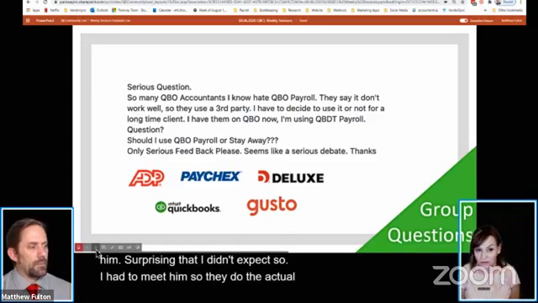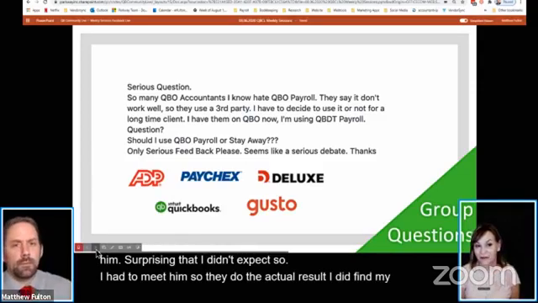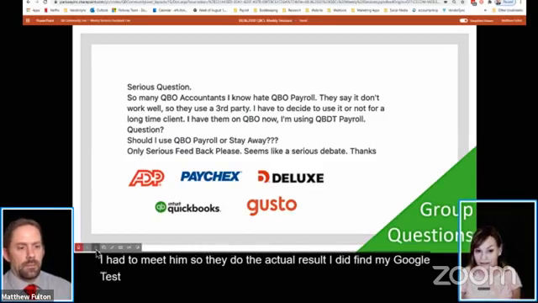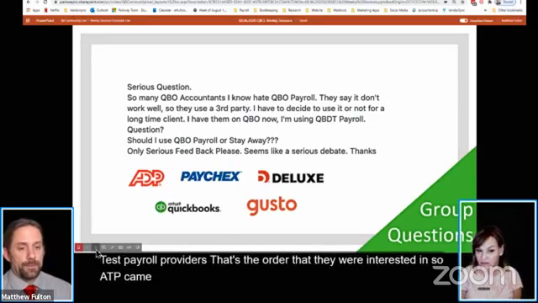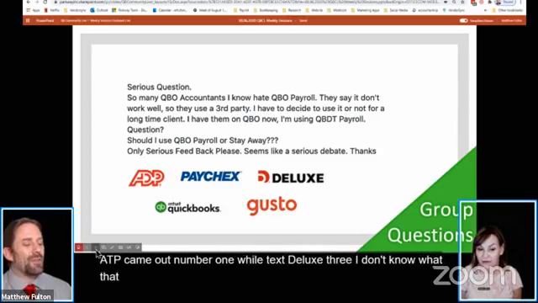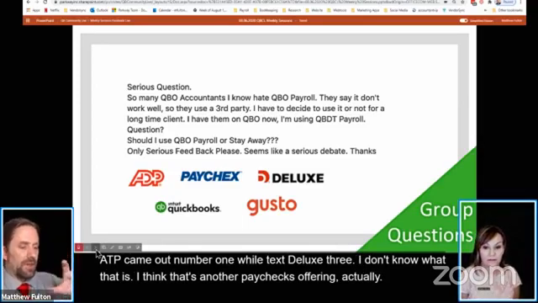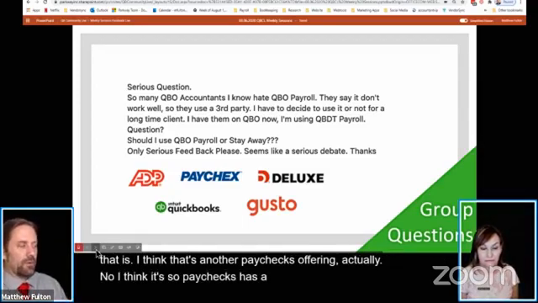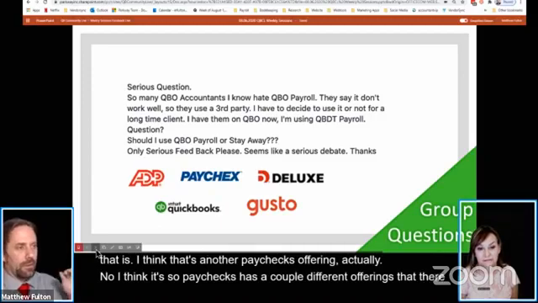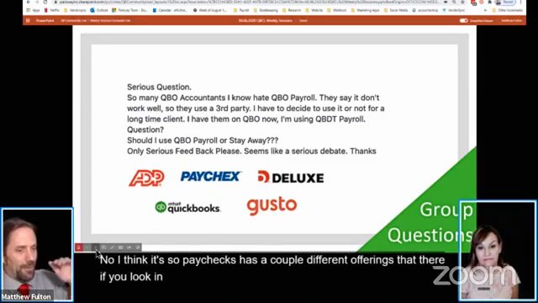I did find when I Googled best payroll providers, that's the order they were listed in. ADP came out number one. Paychex 2, Deluxe 3. I don't know what that is. Is that like the checks? I think Paychex has a couple of different offerings, and if you look in the fine print, it's a Paychex company.